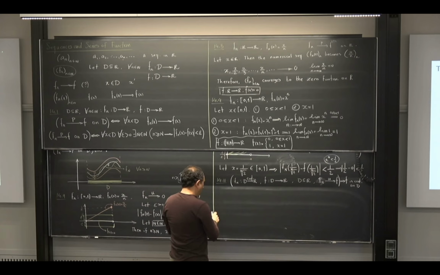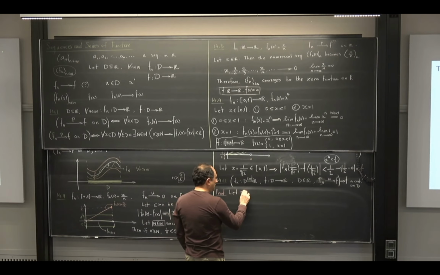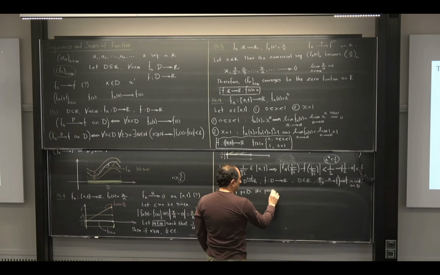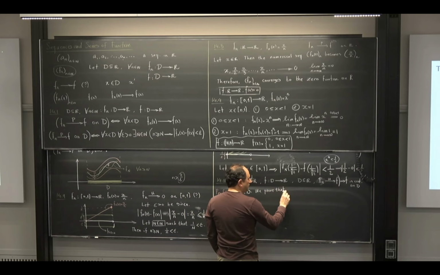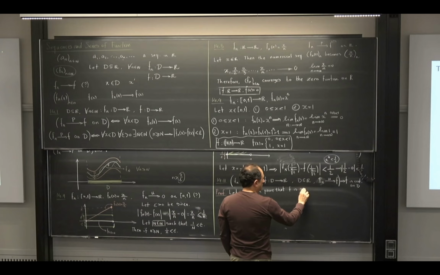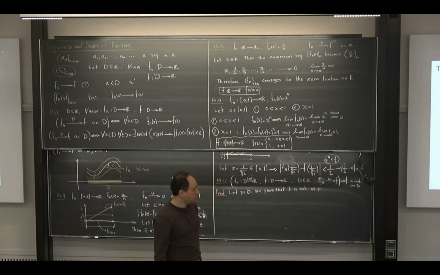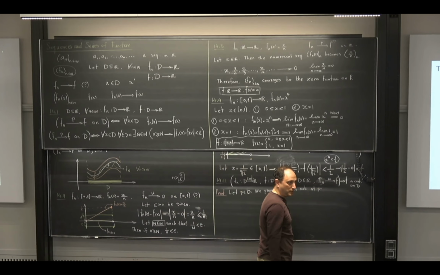Okay, so let us do the proof here. f is continuous on D. We want to prove that. How should I prove that f is continuous on D? I have to prove that f is continuous at every single point of D. So I would say let p belong to D. We prove that f is continuous at p. To prove it is continuous at p, I have to start with the epsilon delta definition.